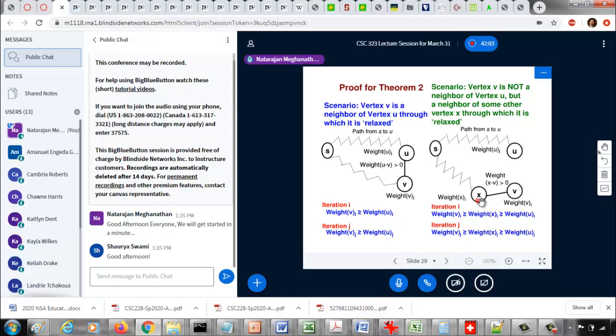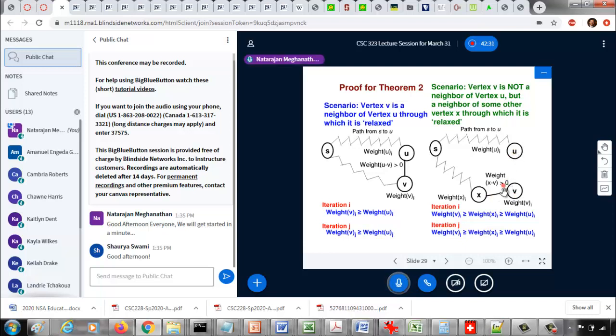So now when we relax the neighbors of x, again since all edge weights are positive, the weight of v is still going to be greater than or equal to the weight of x, which is again greater than or equal to the weight of u. So even in a later iteration, if v gets optimized through a vertex x that was not optimized when u was optimized, the weight of v is still going to be greater than the weight of u.